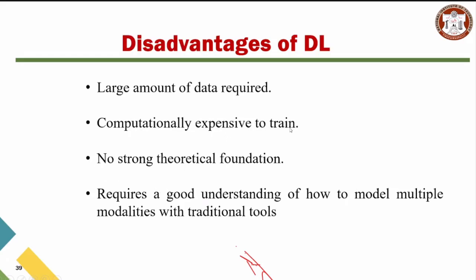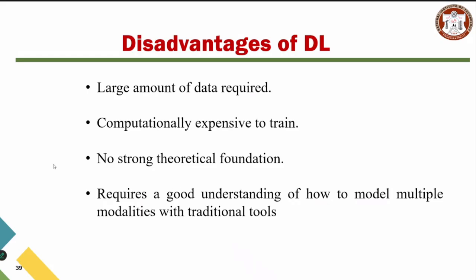Obviously, the number of epochs is more, and there are no strong theoretical foundations. It requires a good understanding of how to model the multiple modalities. Multiple modality means if we are going to process text, video, audio, graphics, everything all together, that is called multiple modalities.